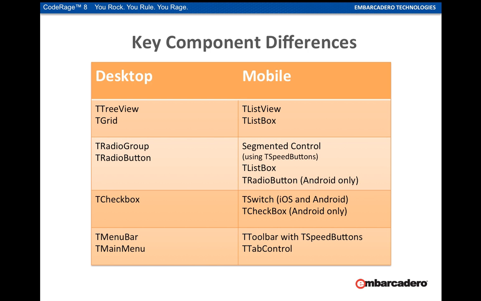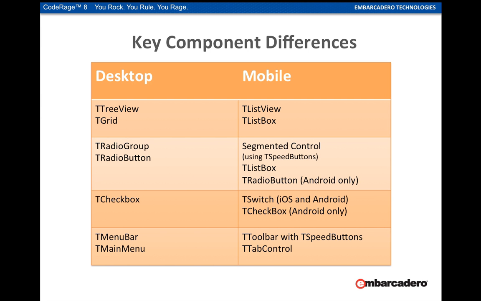In place on mobile, you would use a TSwitch for iOS and Android. And on Android, you could also use a TCheckBox. Now, checkboxes and radio buttons are not commonly used on iOS. However, they are used on Android. Although for single selection on Android, especially in forms such as settings, it is also very common to use a switch and actually recommend it.